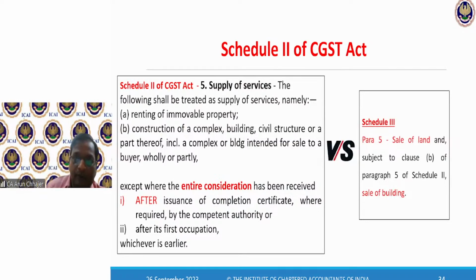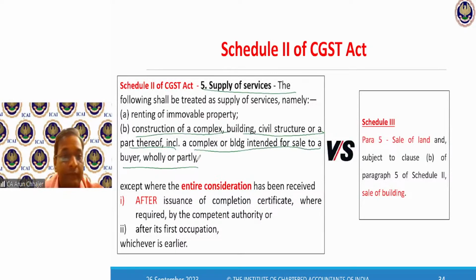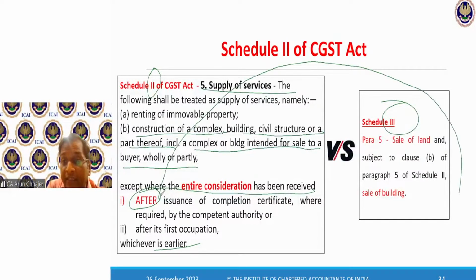This was the theory of that particular para: supply of the service, construction of complex, building, civil structure or a part thereof, including the complex or building, intended for sale to the buyer wholly or partly. So this is Schedule 2 and this is Schedule 3, except where the entire consideration has been received after the particular date. They are saying if it is after, then it will be covered in this particular line.